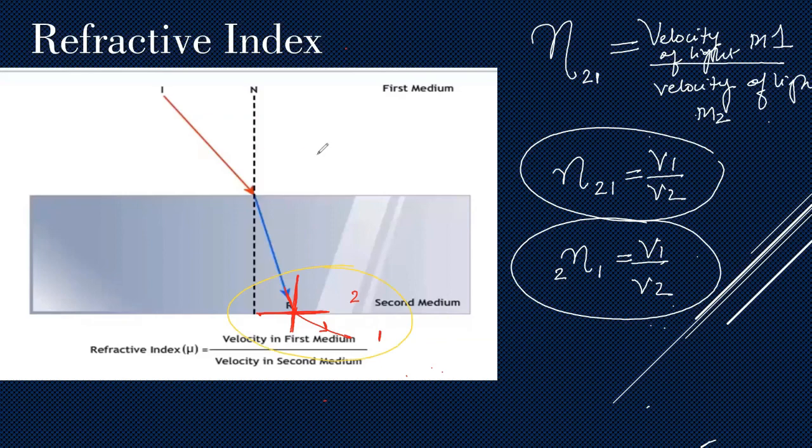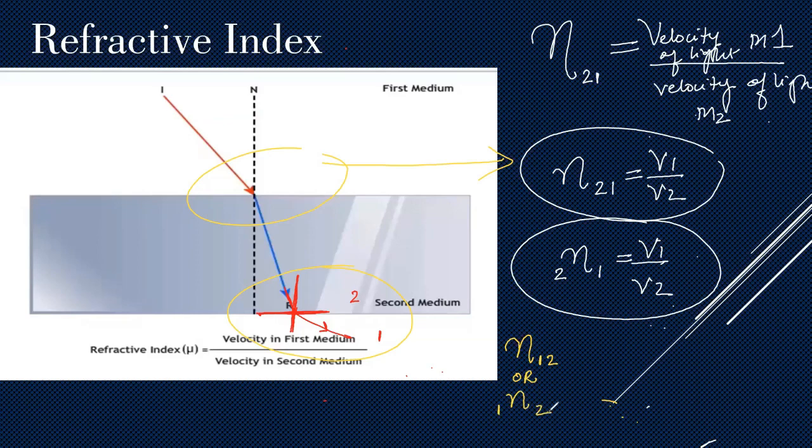In this second refraction, where is the bending happening? The bending is happening in the first medium. So it would be the refractive index of medium 1 with respect to 2.